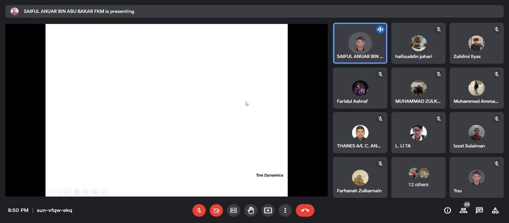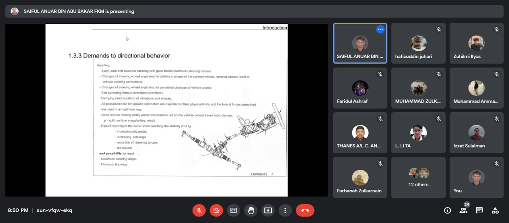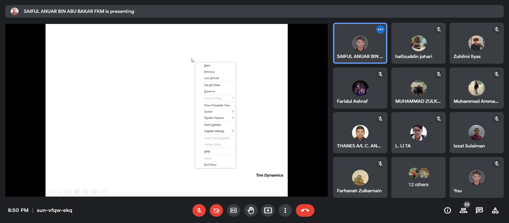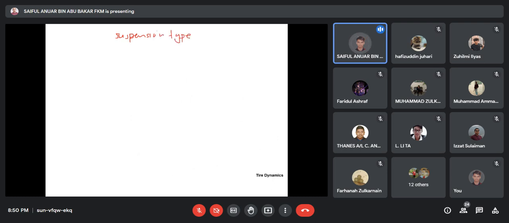So basically, for suspension types we have passive, and then we have advanced suspension.